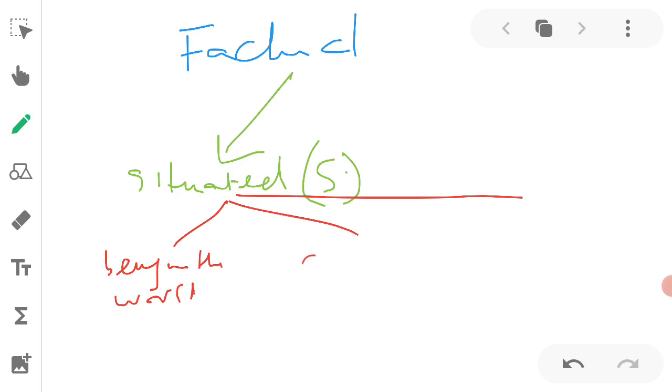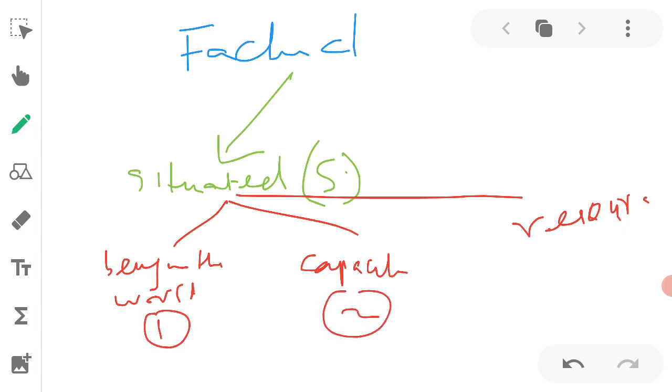It can include our capacities. And from both of these, we bring resources, factual resources, which are important for any normative conceptions of freedom. So let's start with our being in the world and capacities, and then go on to resources.